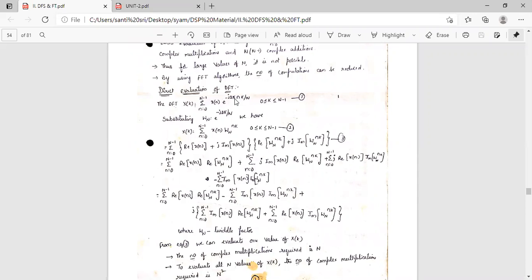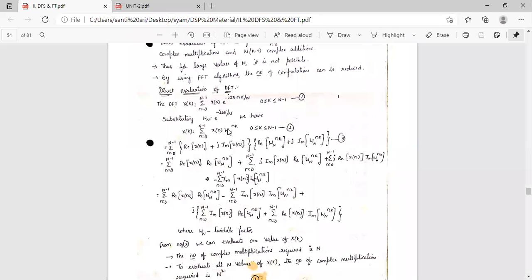Here e power minus j 2 pi by N is replaced by W suffix N. Substituting W N equals e power minus j 2 pi by N in equation 1, X of k becomes sigma n equals 0 to N minus 1 x of n into W N power nk, for k varying from 0 to N minus 1. Let it be considered as equation number 2.